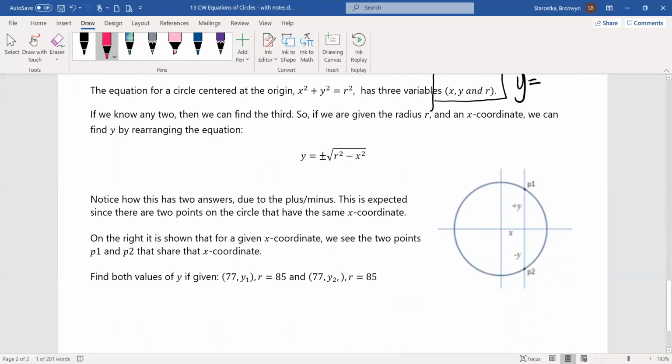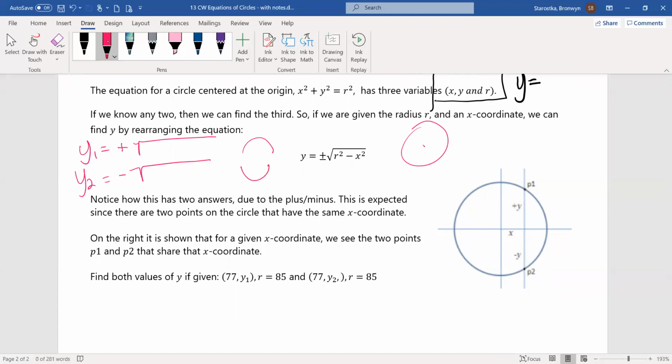In order to graph on your calculator, you can do y1 equals the positive square root and y2 equals the negative square root. That's how you're going to be able to draw a circle on your calculator.